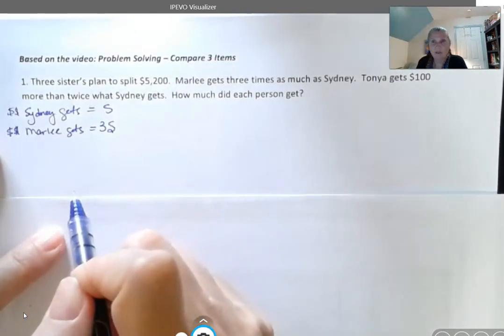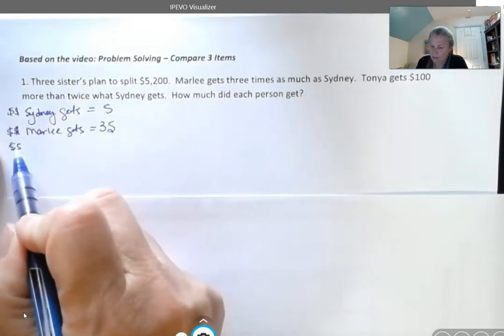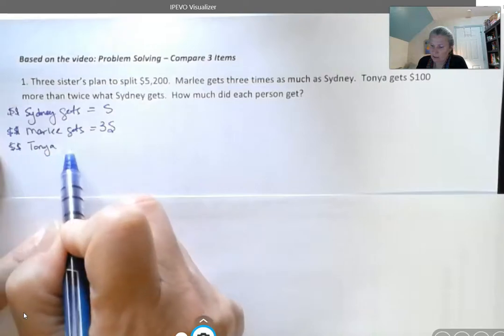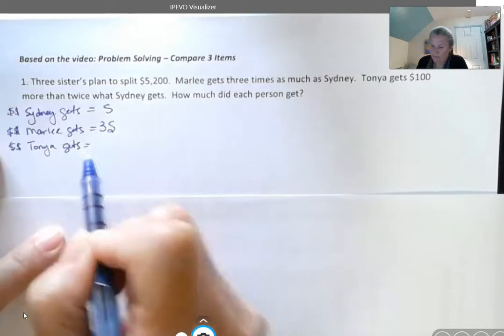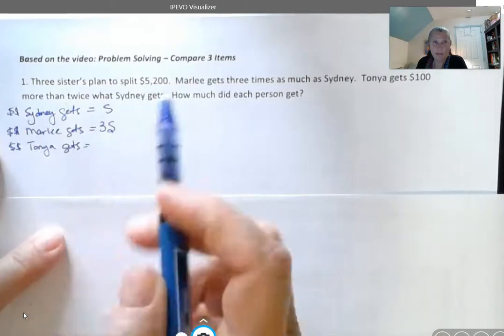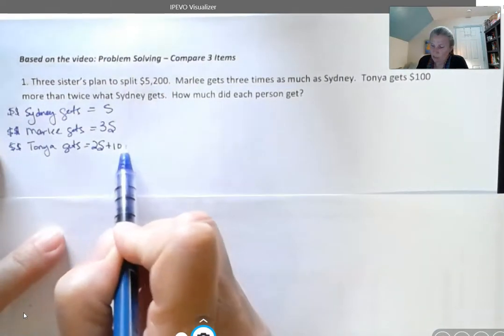We don't want 3 different variables, we want 1 variable. And the dollars that Tanya gets, well, she gets $100 more than twice what Sydney gets. So she gets 2S plus 100.